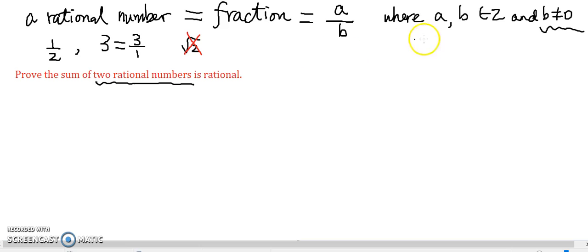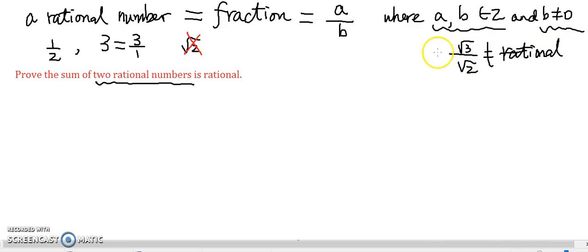The reason we have to make sure they are integers is because if we have, say, square root of 3 over square root of 2, the top is square root of 3, which is not an integer. This looks like a fraction, but it's not really a fraction, because the top is not a rational number. This is still irrational.